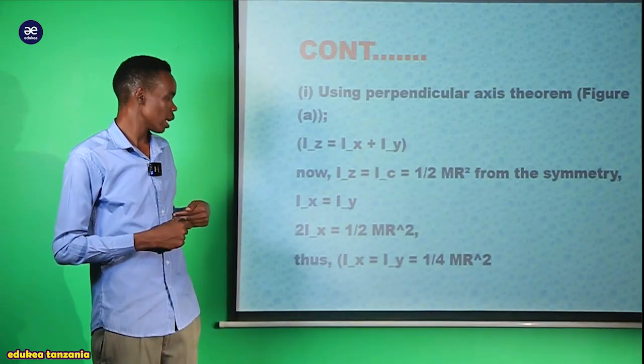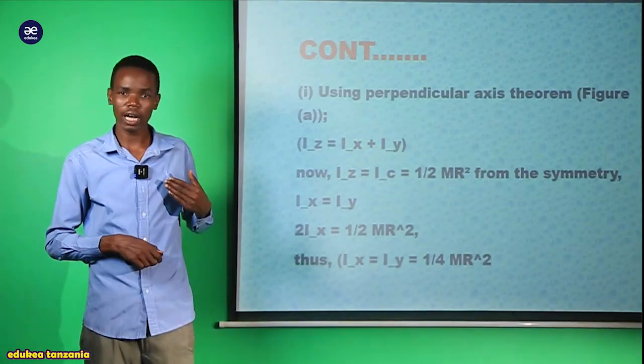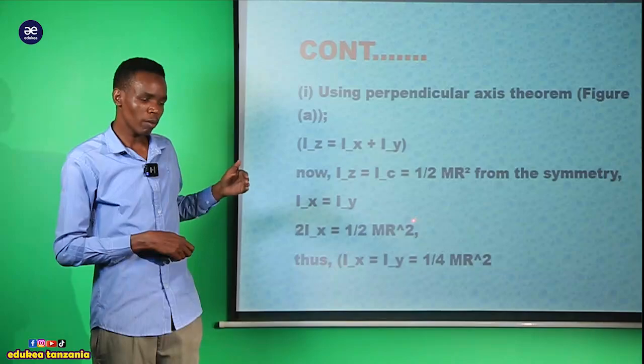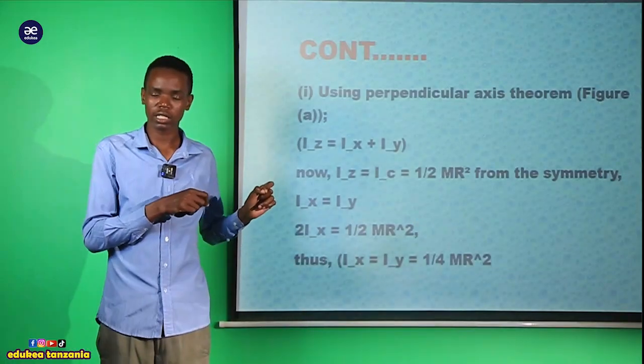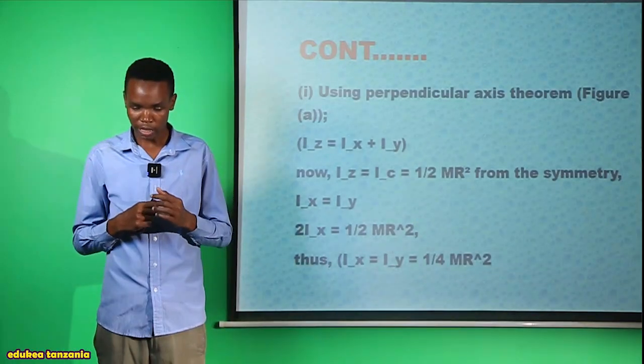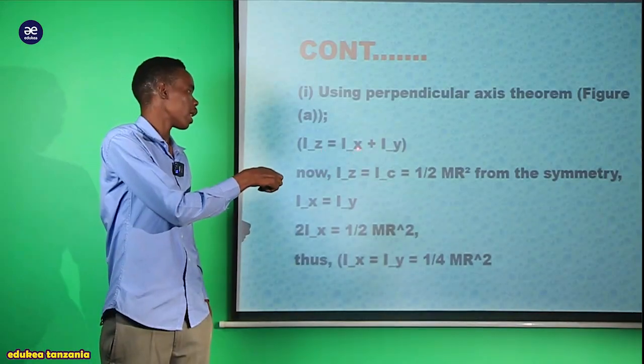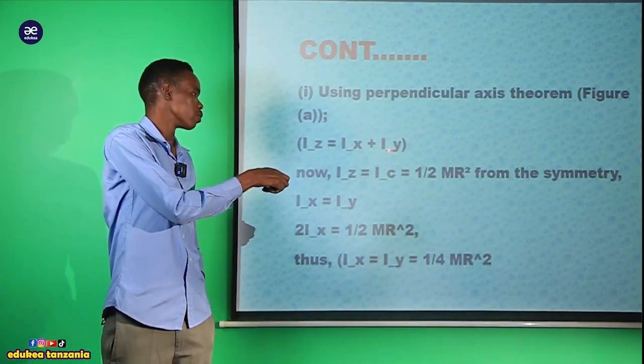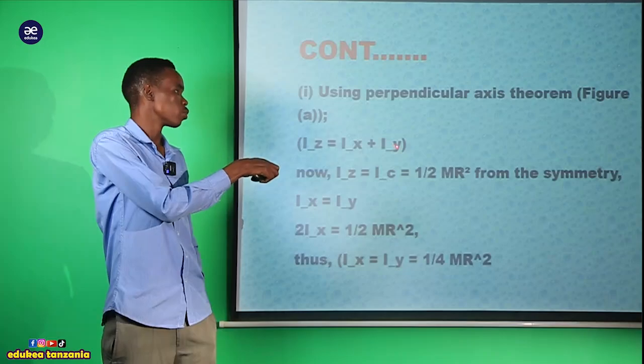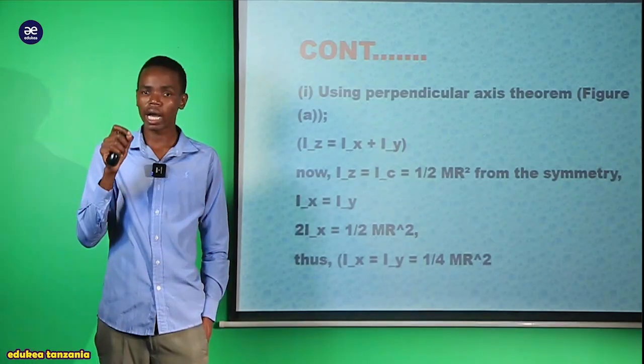Now, we could conclude that if the moments of inertia along the x-axis and the y-axis are similar, instead of writing Ix, Iy, we should substitute Iy equals Ix.